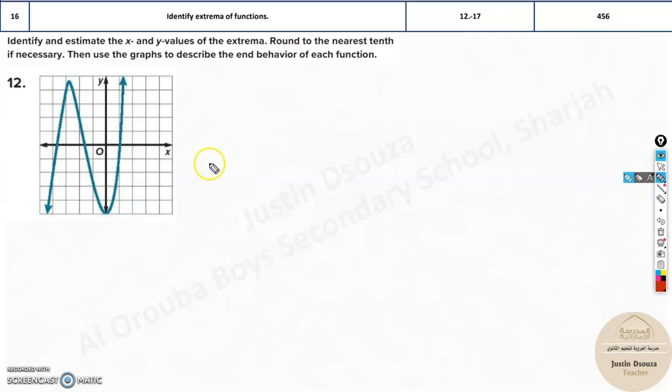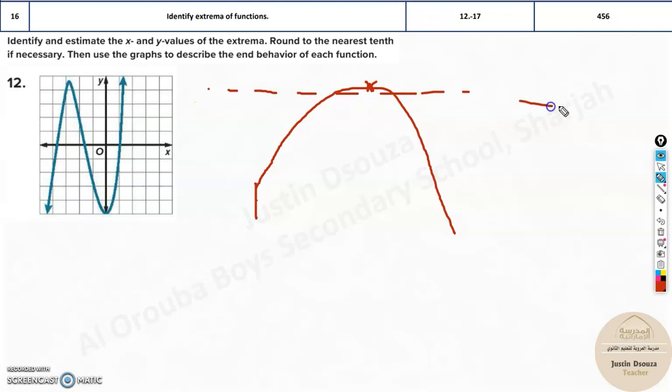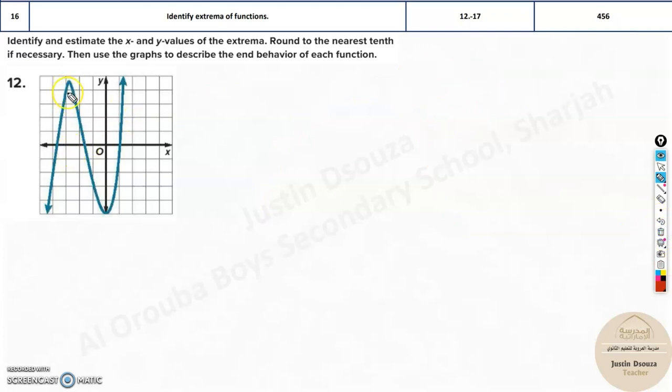You need to remember whenever there is something like this, the graph, there is only a maximum value. There is no other point above this graph, isn't it? This is maximum value. But now, here you can see the graph is going up and it's going down, but it's going up forever over here.